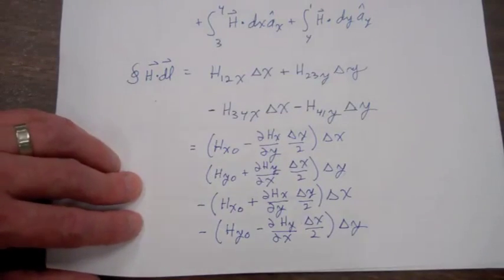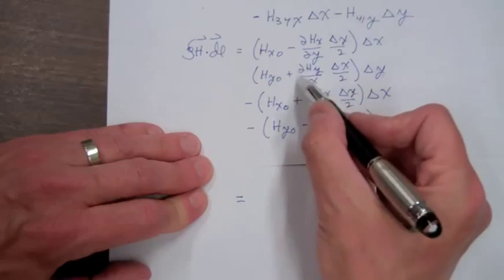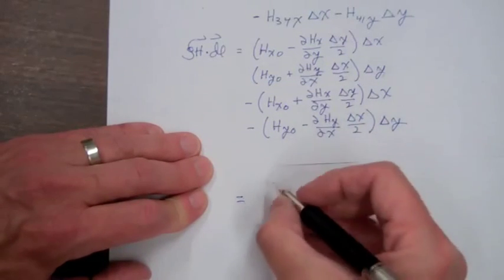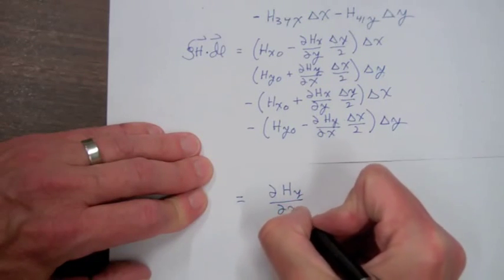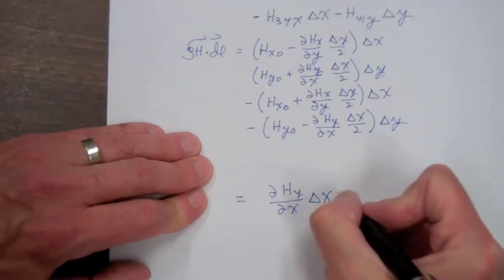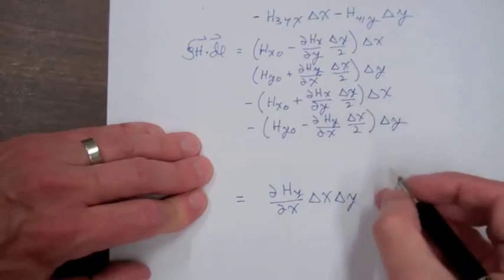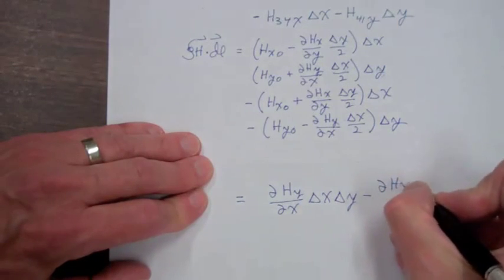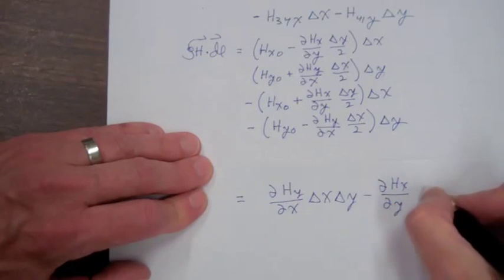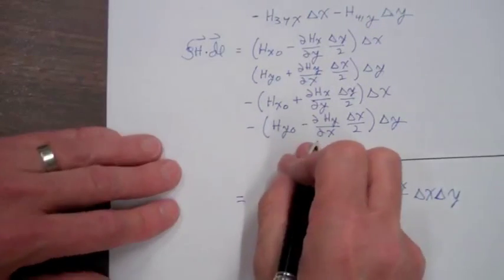So let me go ahead and do that. Okay, so this term and this term add to give us a partial of h sub y with respect to x delta y. These two terms will add to give us a minus partial of h sub x with respect to y, delta x, delta y.